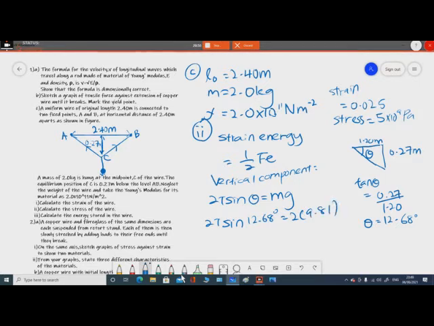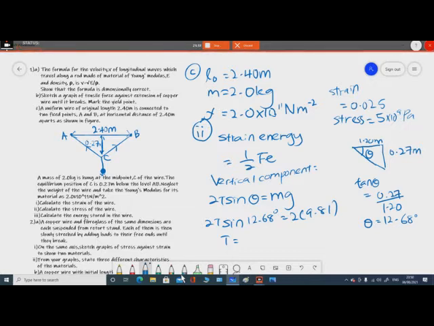So the tension is equal to 9.81 divided by sine 12.68.